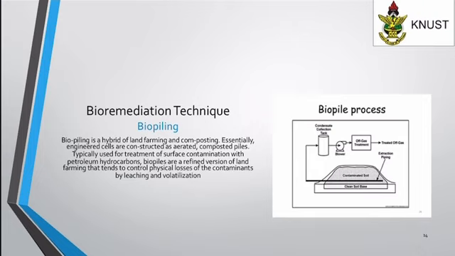Essentially, engineered cells are constructed as aerated, composted piles, typically used for treatment of surface contamination with petroleum hydrocarbons. Biopiles are a refined version of land farming that tends to control physical losses of the contaminants by leaching and volatilization.